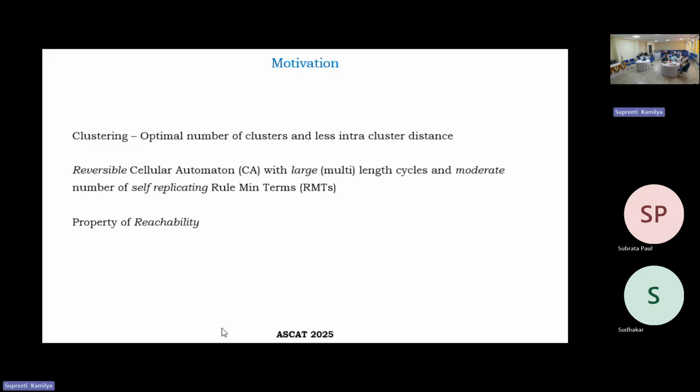The key points of clustering are mainly two. One is the optimal number of clusters, and within a cluster, all the objects should maintain minimum distance with respect to the feature space.